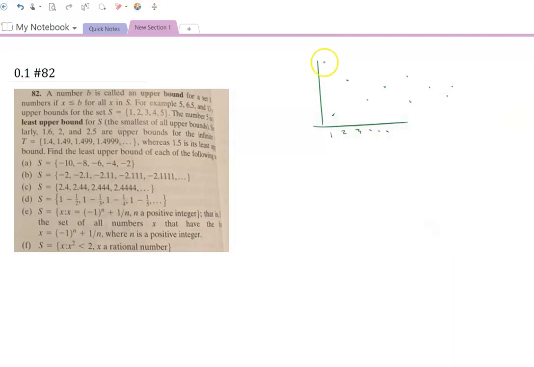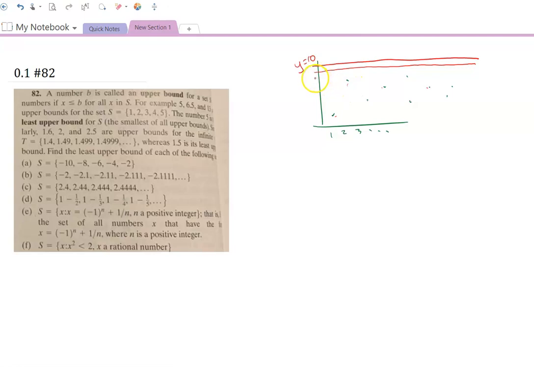Now, I could say that this number right here, let's say this is like y equals 10, so 10 would be an upper bound for all of those numbers because all of these points are below y equals 10. However, that's not the least upper bound because maybe y equals 9.5 is this line, and maybe it's above all of those.